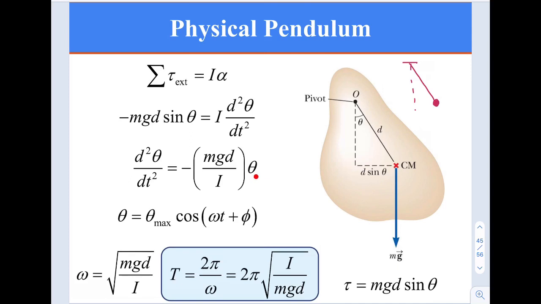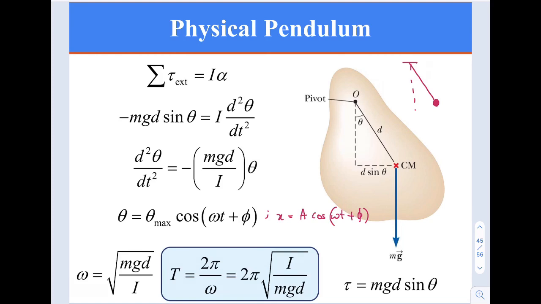And bear in mind, the mathematical expression of theta as a function of time is similar to x equivalent to A cos of omega t plus phi.